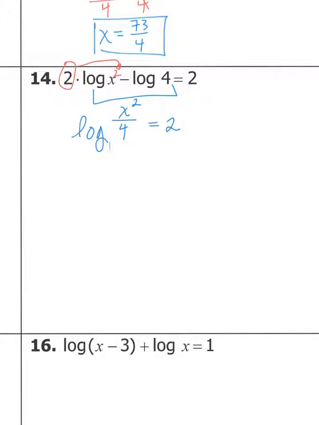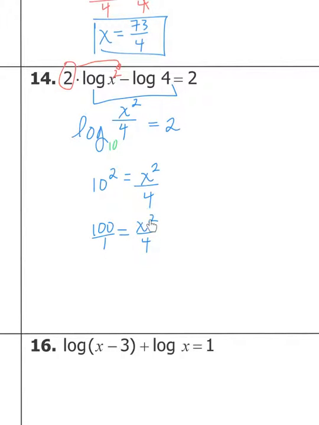Then because I know this is base 10 because it's missing, to put it into exponential form, I've got 10, and then we're switching these two, to the second is equal to x squared over 4. Well, since you have a fraction here and not a fraction here, I would just turn the whole thing into a proportion. 10 squared is 100, and I would put that over 1 equals x squared over 4.